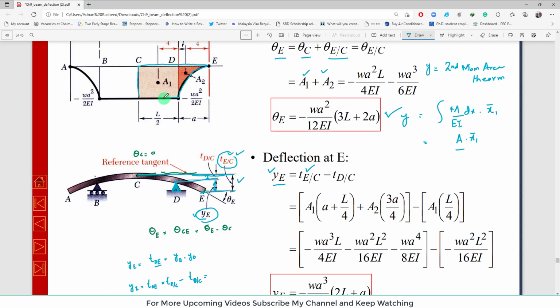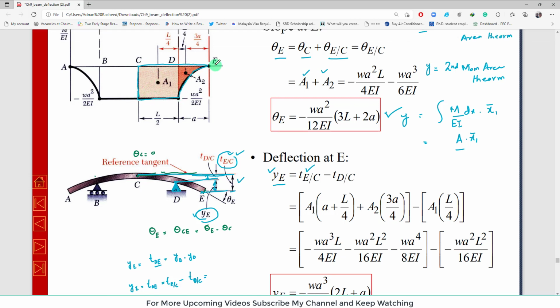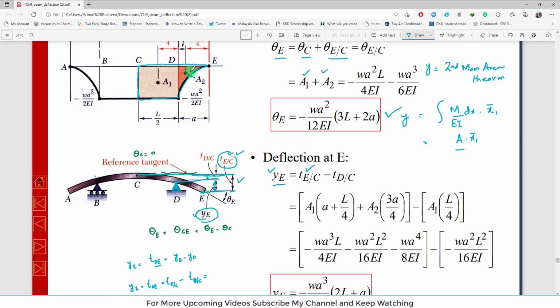Now the area of this will be equal to A1 and A2. So you can see that YE is equal to TEC minus TDC. Now TEC is this area A1 and A2. There. So area A1, this area A1, clear, and its distance of centroid from this vertical line.